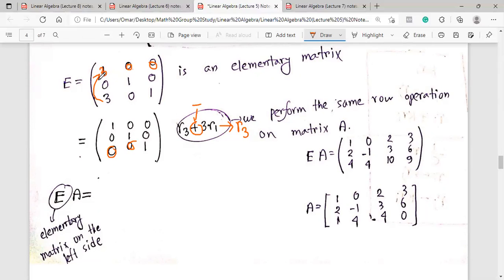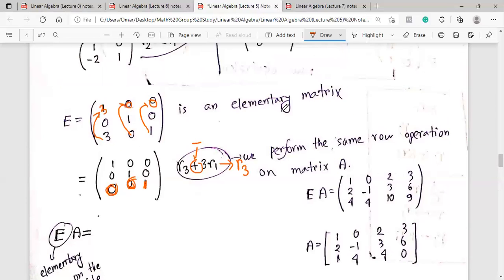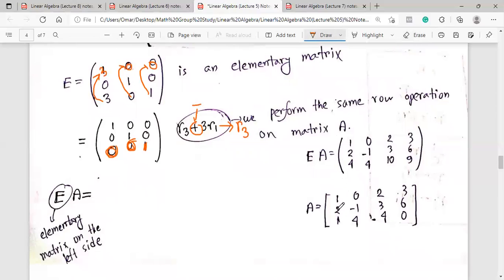So 3 minus 3, that is 0, and then 0 minus 0, that is also 0, and 1 minus 0, that is 1. So we got the identity matrix by doing just one operation. That's why this is also an elementary matrix.